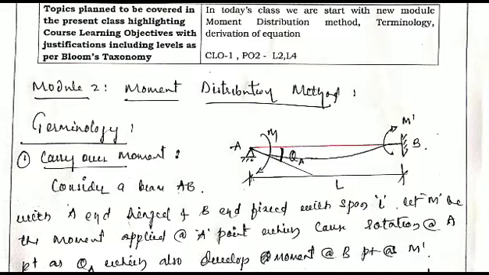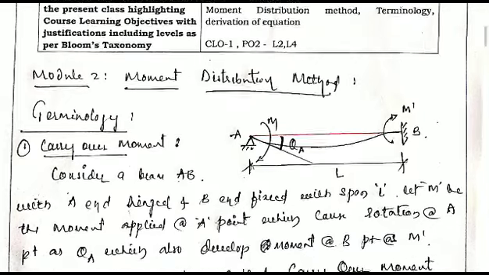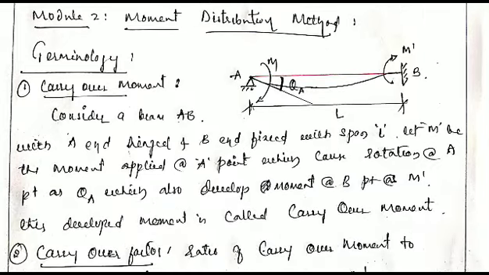For this, the terminology, let us start with the carryover moment. What is this carryover moment? Let us consider an example so it will be easy for you to understand the definitions. Let us consider a beam AB with end A hinged and the far end B fixed.